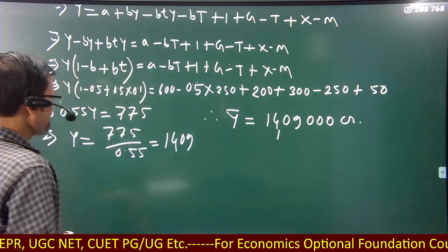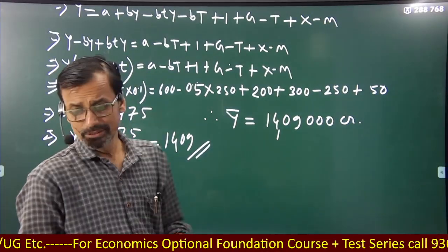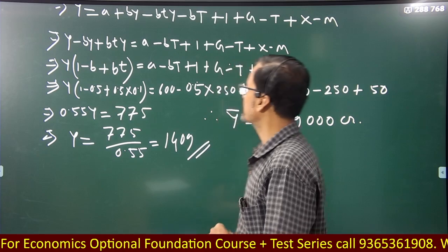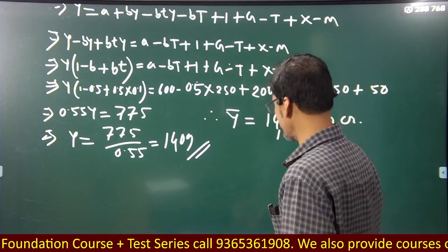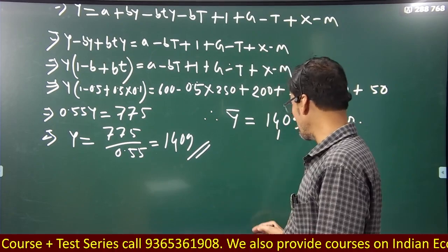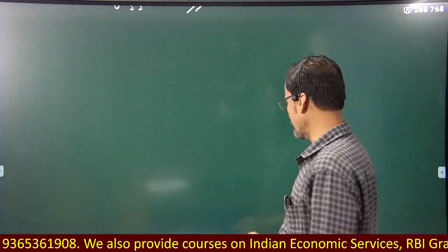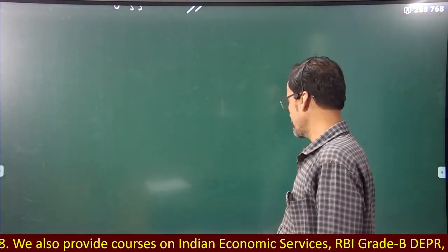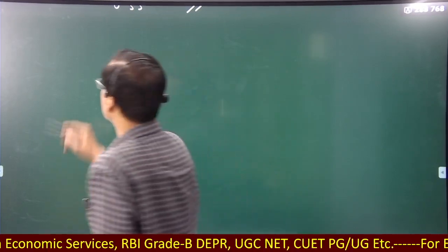Now the third part is asking how the net exports will change after a change in income. Third or last part of the question: what will be the change when there is a change in income?